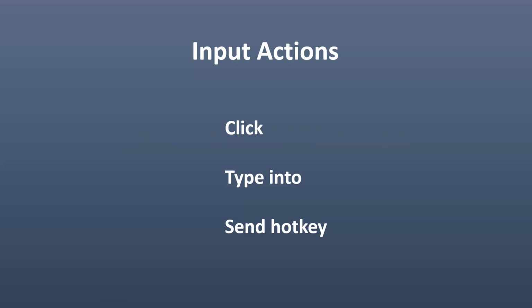As I touched base, these input actions are the ones we as humans also perform every time we try to insert some data into an application, or send some command to the system, which can produce some changes. We also perform only these three different actions on the screen. As I said, even in UiPath, the main three input actions are click, type into, and send hotkey.